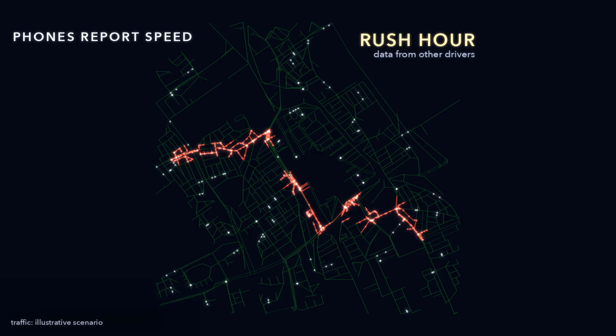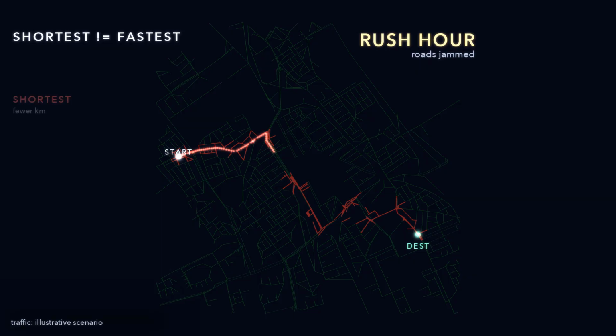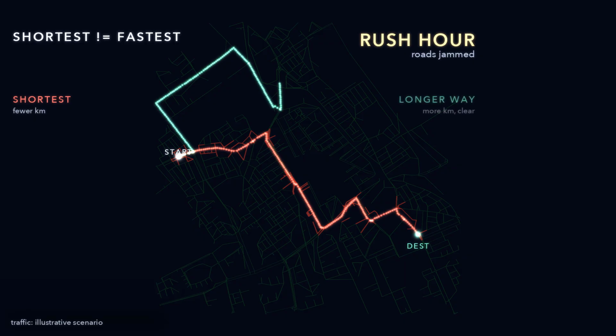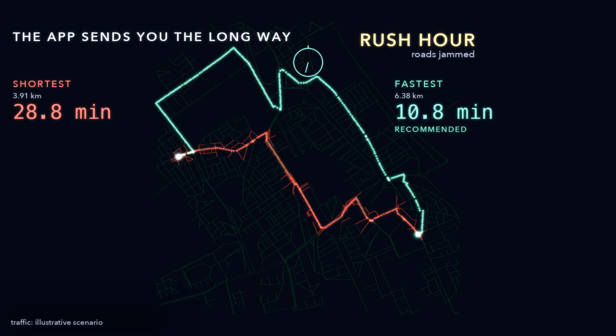Where does that traffic data come from? Partly from other drivers, huge numbers of phones, moving along roads, quietly reporting how fast traffic is actually flowing. And once the weights can change, something surprising happens. The shortest route stops being the fastest route. Look, this route is shorter in distance, but it's jammed.